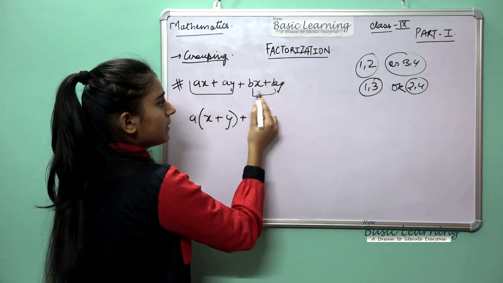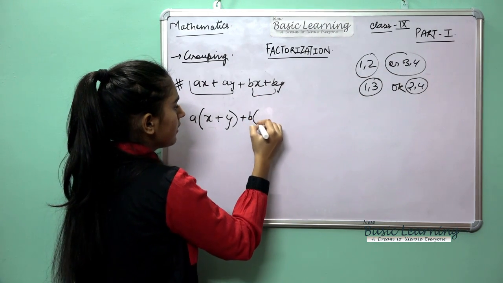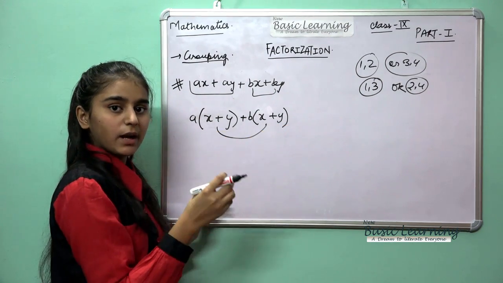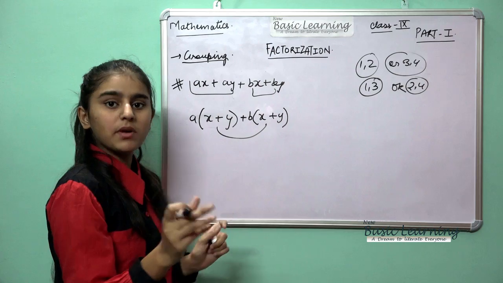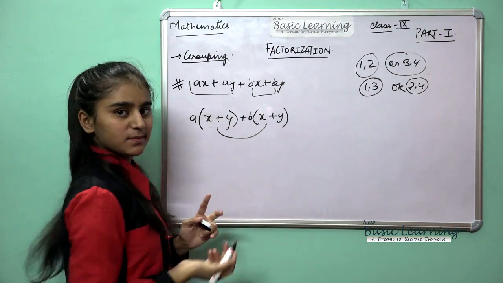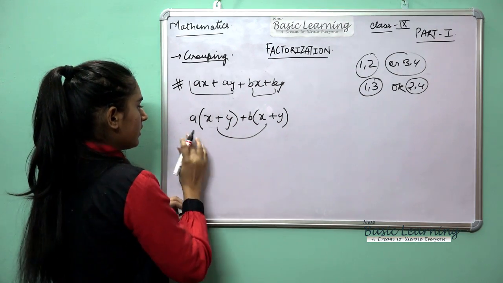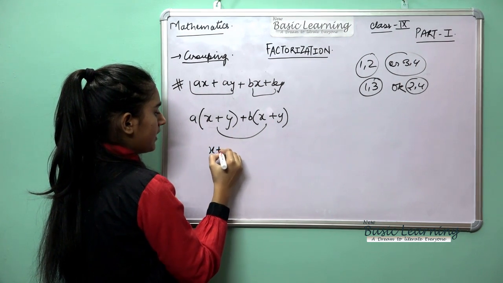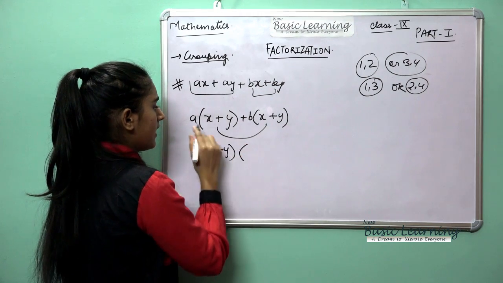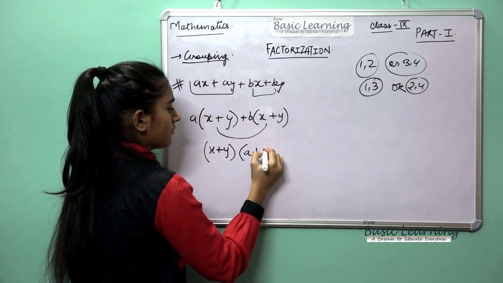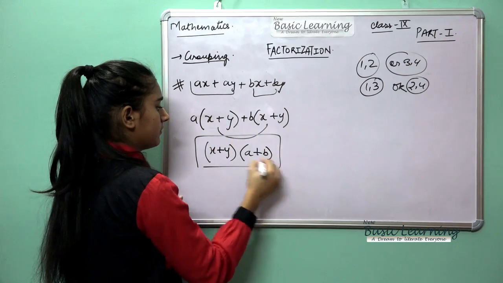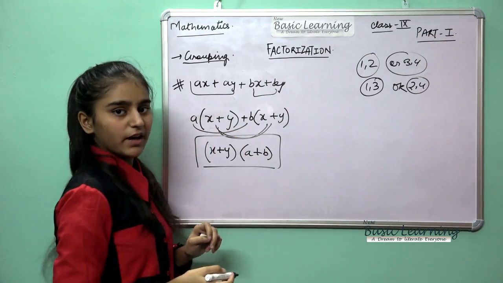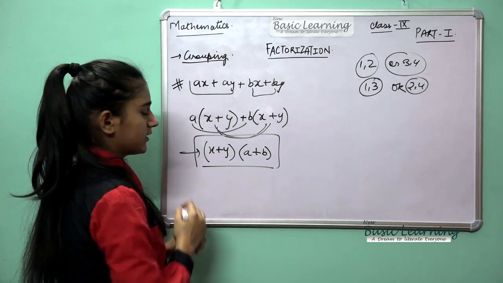What is common in this? b, x plus y. Now the bracket should be the same: x plus y and x plus y, they are the same, so the answer will be correct. Then we take x plus y one time and a plus b one time. Now the answer is a plus b and x plus y. So this is the answer.